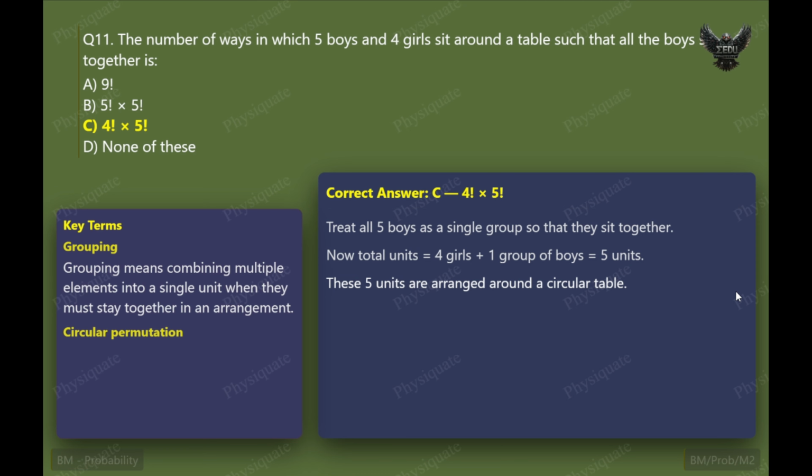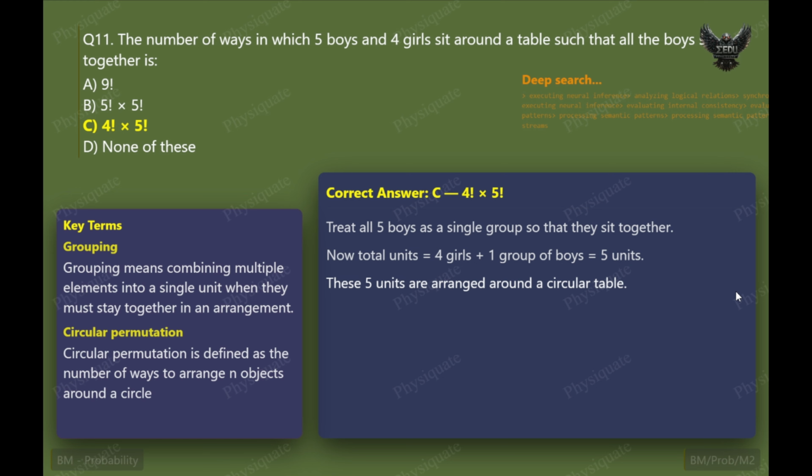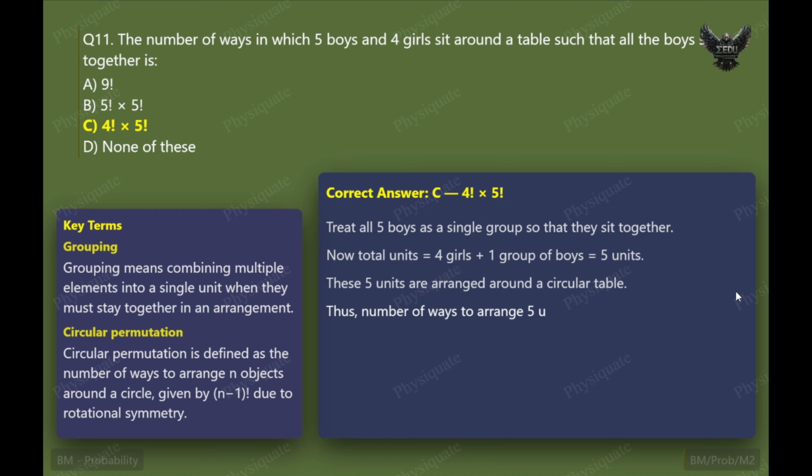Let us examine circular permutation. Circular permutation is defined as the number of ways to arrange n objects around a circle, given by (n-1) factorial due to rotational symmetry. Thus, the number of ways to arrange 5 units equals (5-1) factorial equals 4 factorial.